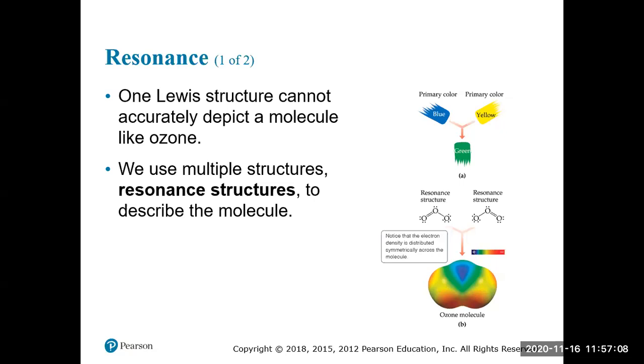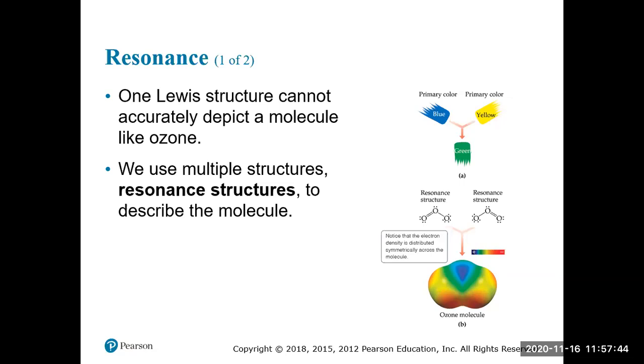On the right-hand side, we have 2 Lewis dot structures where we have oxygen double bonded to oxygen, then that oxygen with a single bond to the other oxygen, and then we have the flip of doing it the other way. If you actually look at an electron density distribution of this, it's really pretty symmetrical. You would expect that with a double bond on one side and a single bond on the other, it would not be symmetrical.